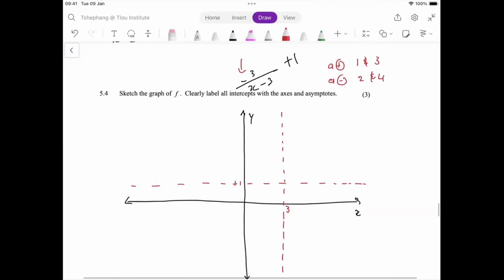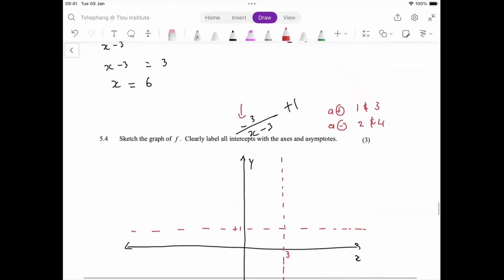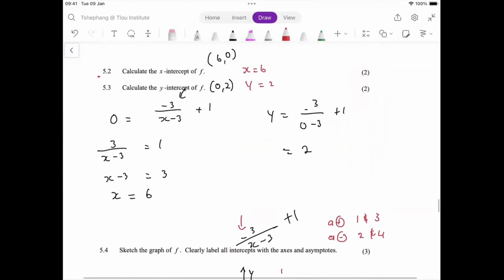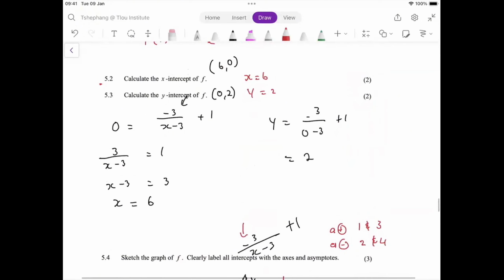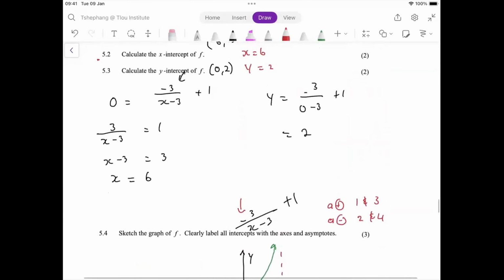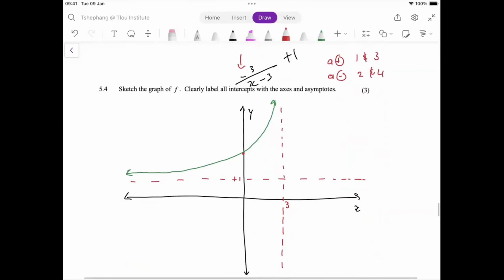Now, we found the intercepts. We found 0 and 2. And where's 0 and 2? 0 and 2 is somewhere here. We have another point, which is 6 and 0. 6 and 0 is going to be somewhere there.